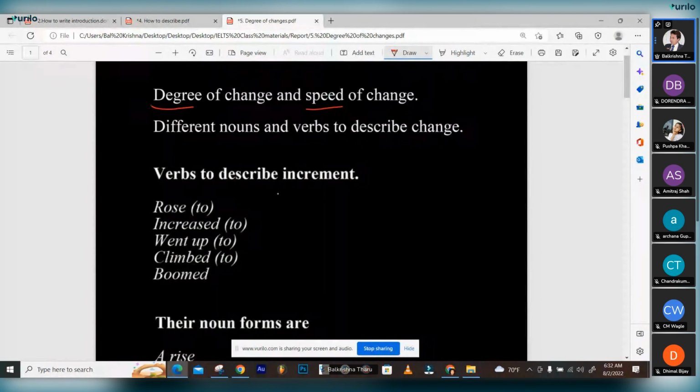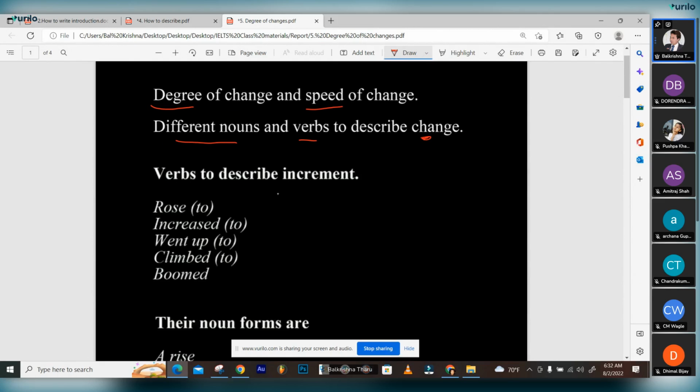And to understand this, we need to learn different nouns and verbs that describe change. Check this out. You may take the screenshot.